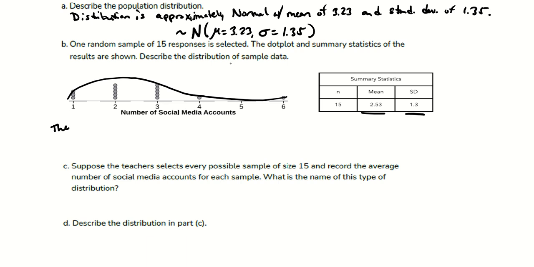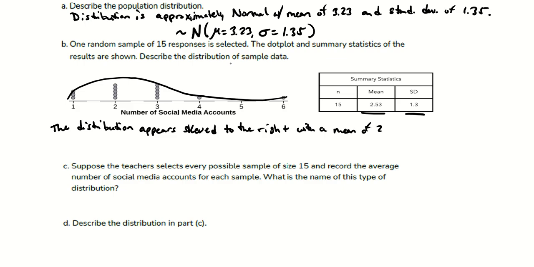So the distribution appears skewed to the right, with a mean of 2.53 and standard deviation of 1.3.